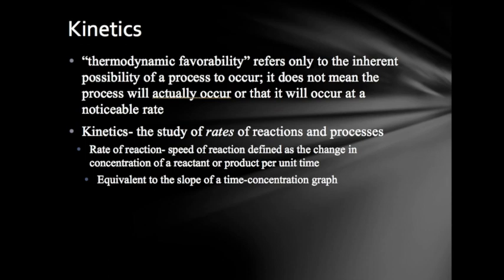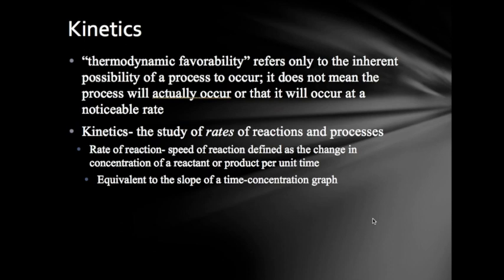So if we want to know how quickly a process will proceed, we need to study kinetics, the rate at which a reaction occurs, the rate of chemical processes. We define that term, rate of reaction, as the speed of the reaction, defined as the change in concentration of a reactant or product per unit time.